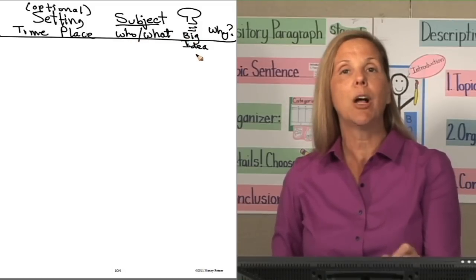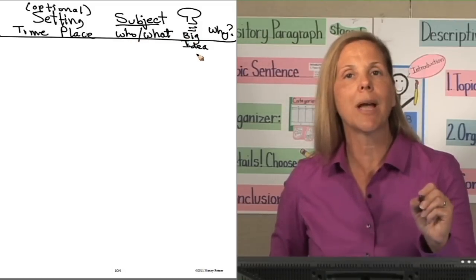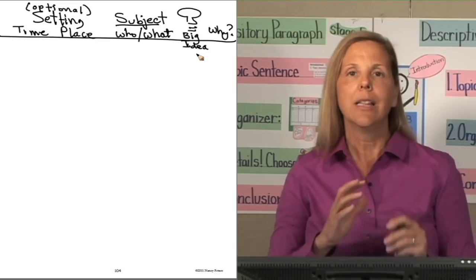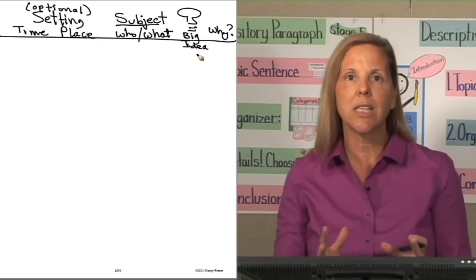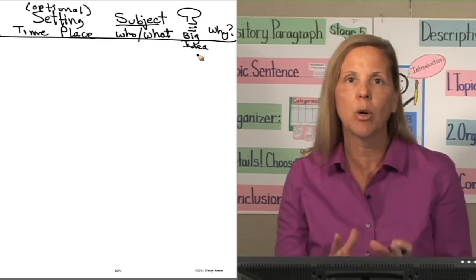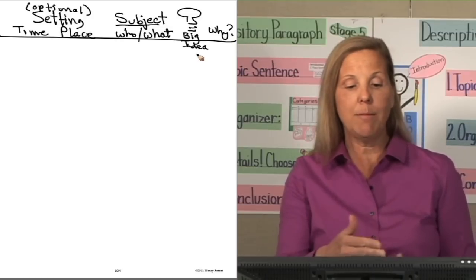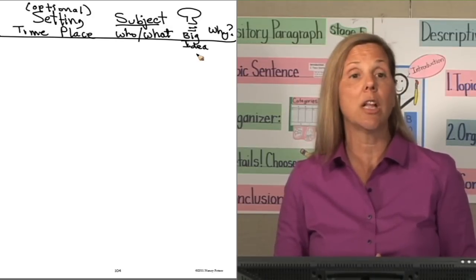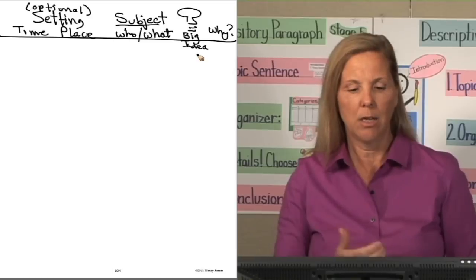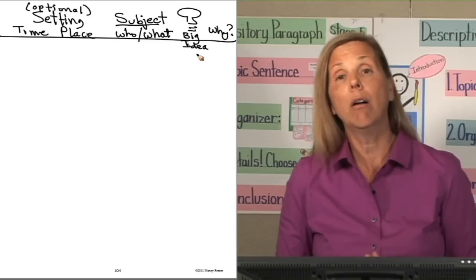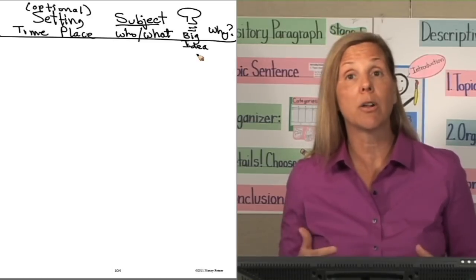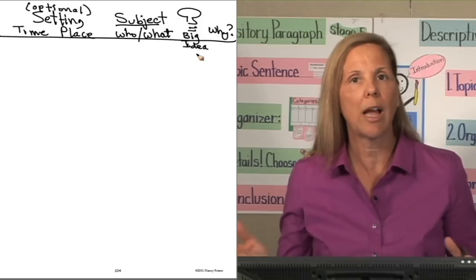What's the big idea about plants? What information am I telling you about plants? This is the critical piece. This is the purpose of why we're writing this information. So I may say plants. I'm going to tell about the different parts of a plant. Why? Who cares? Because a plant's going to use those parts in order to live, to survive.